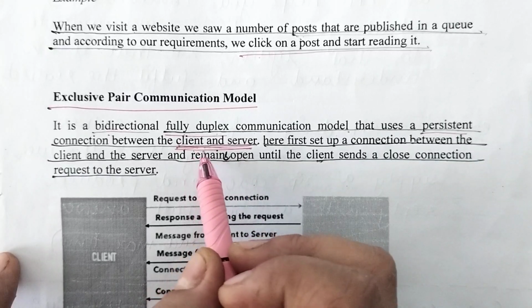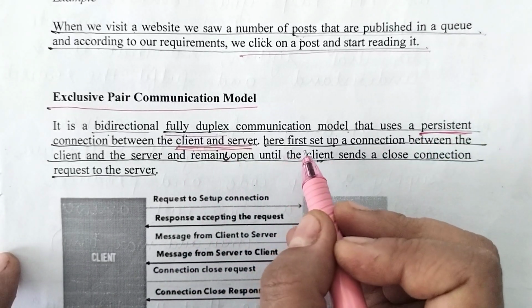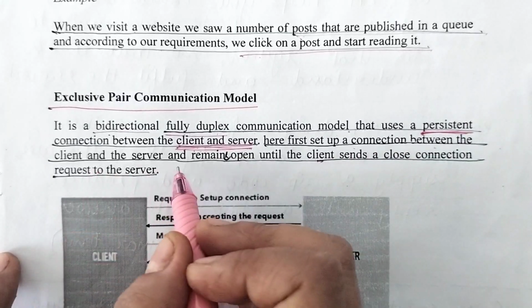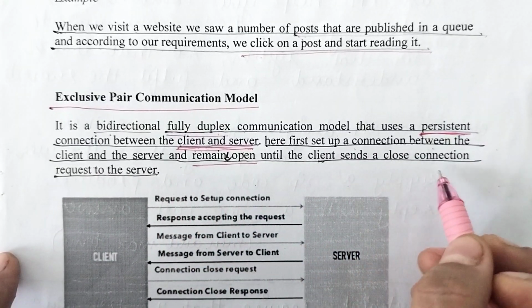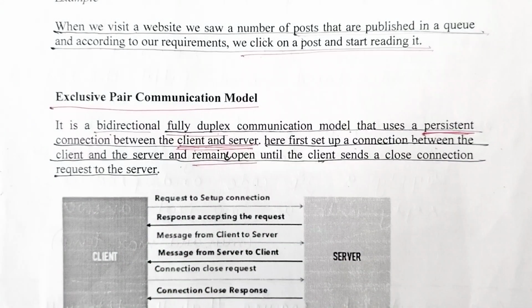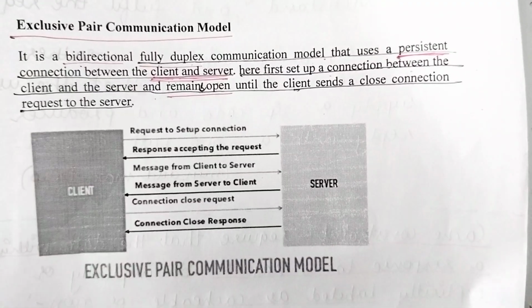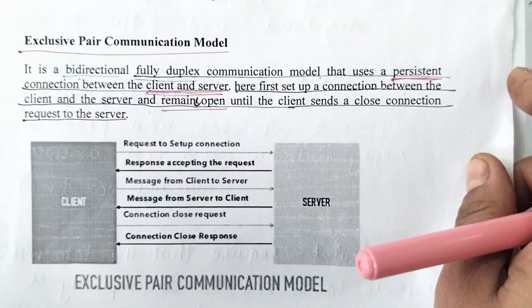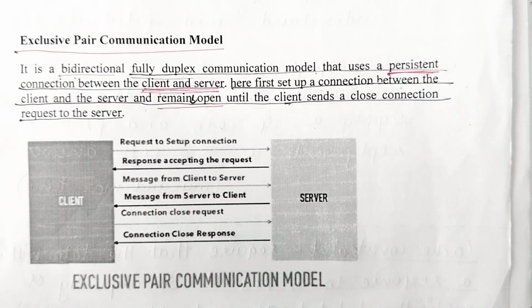Now the connection that is used between the client and the server is a persistent connection. That is, first you set up a connection between the client and server, and this connection remains open until the client sends a close connection request to the server. So that means basically you have a dedicated connection for that particular client and server. That is why the name is exclusive pair, because this connection is exclusively for this particular client and server.